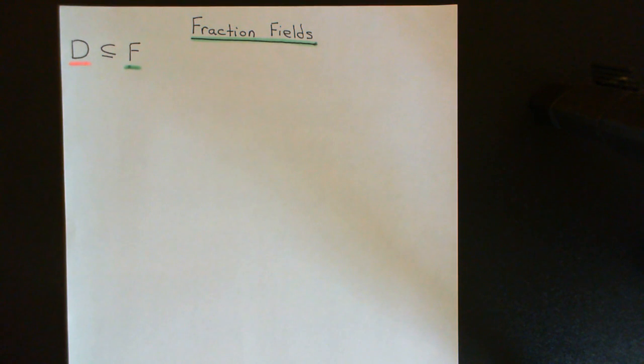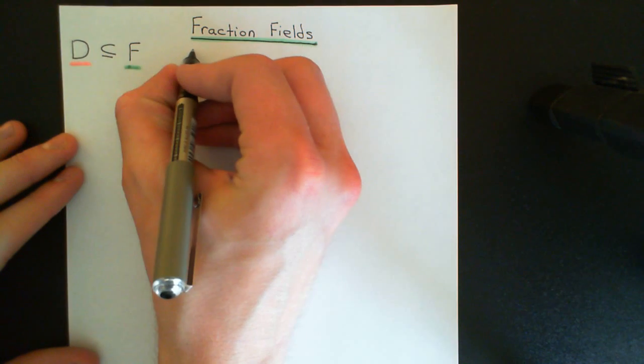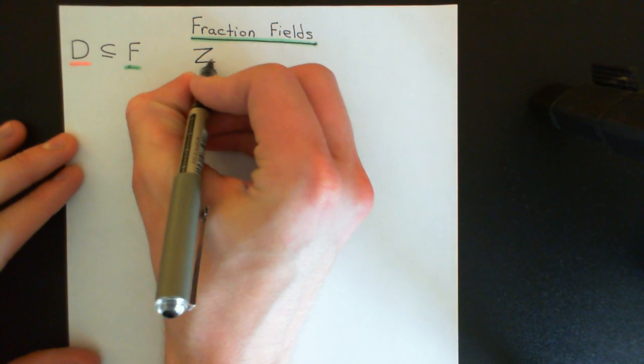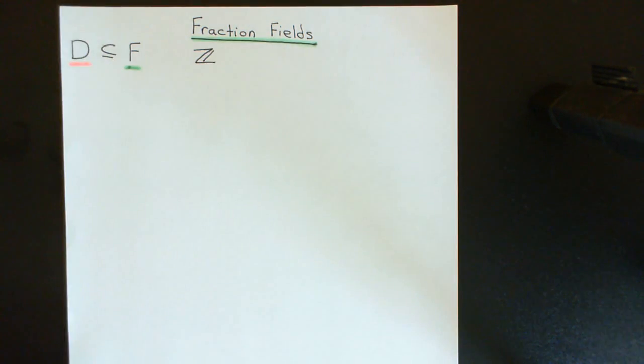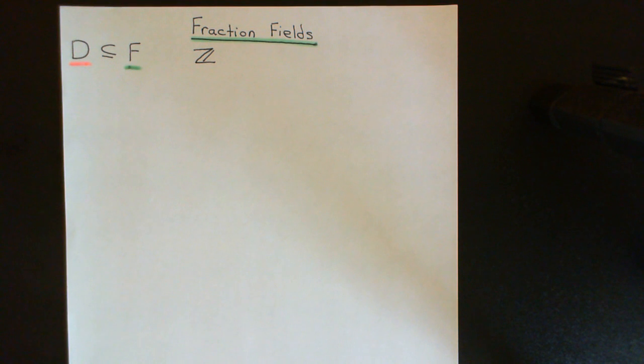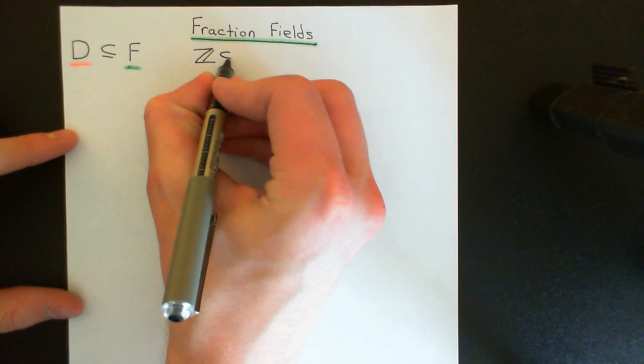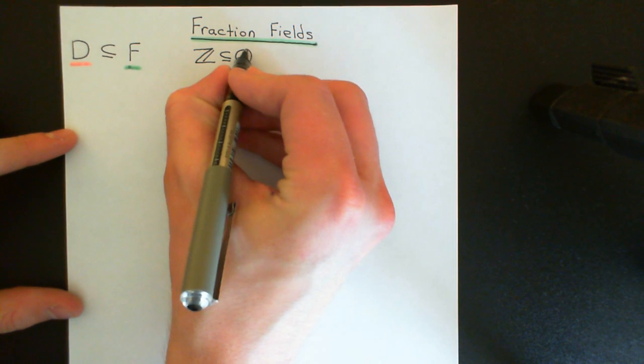Okay, you can always extend an integral domain up to produce a field, and this field is called the fraction field. Now, to give you some more insight into this, there is a very notable example that everyone's familiar with, which is if you do this for the integral domain which is the integers. If you construct the fraction field for the integers, you end up with the rationals. Now, of course, you can think of the integers as being within the rationals.